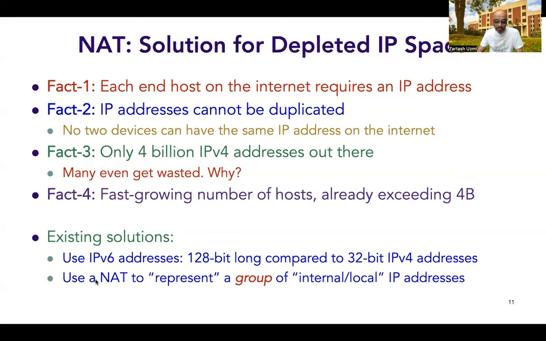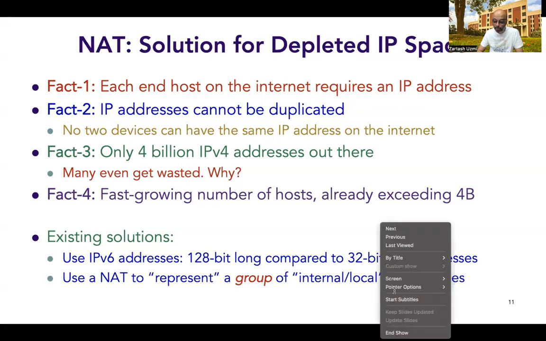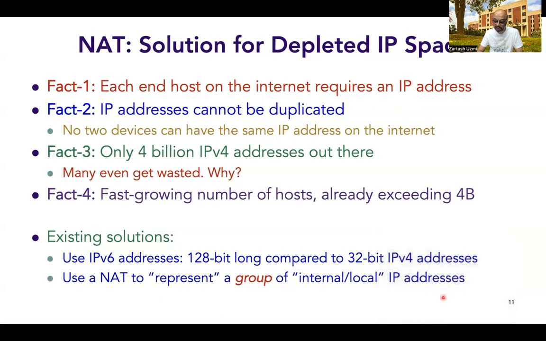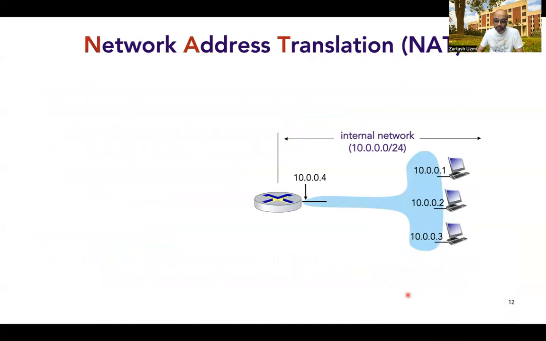In that case, we use a network address translation device to represent a group of internal or local IP addresses. Okay, so what is network address translation? How do you implement that? This figure shows an internal network, maybe something similar to a campus network or a company network, or maybe your home network, where all the IP addresses are in the numerical vicinity of each other.